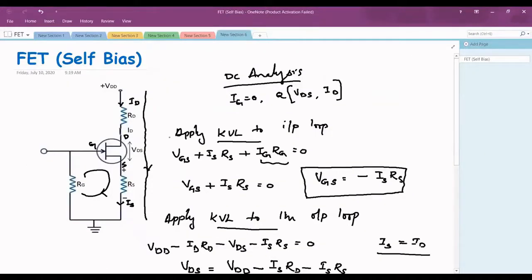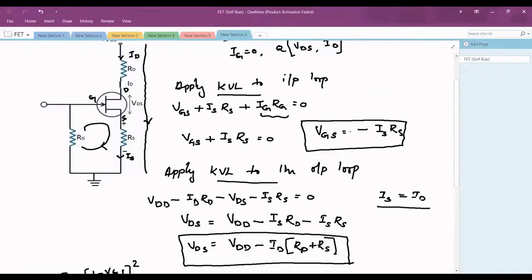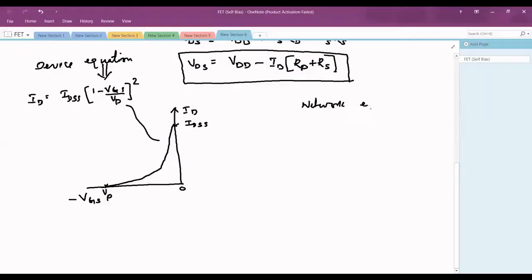Now for the self-bias circuit, we get a network equation, VGS equal to minus IDRS. This equation governing the gate source voltage and ID is provided by the electrical network. The equation ID equal to IDSS into (1 minus VGS by VP) the whole square is provided by the device.